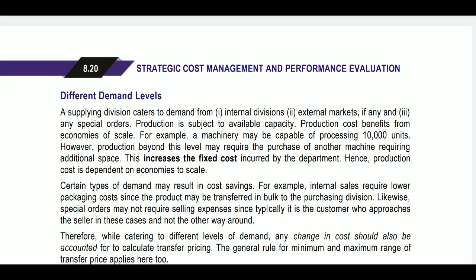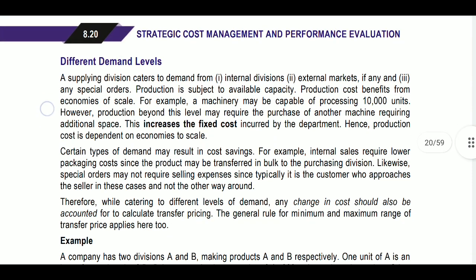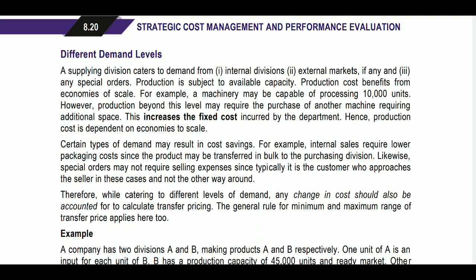Next, different demand levels. When you have different demand levels, then based on the level, fixed cost will be incurred by the department, so it will increase. The production cost of the department will reflect economies of scale. If we get any special order, production is subject to available capacity, and production cost benefits from economies of scale.